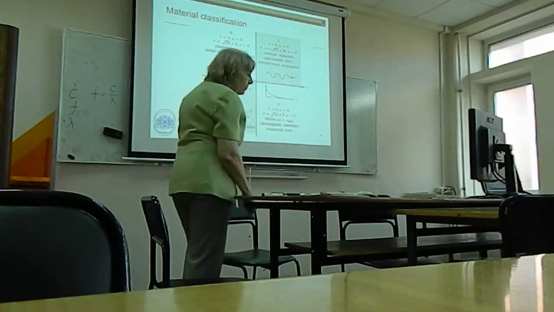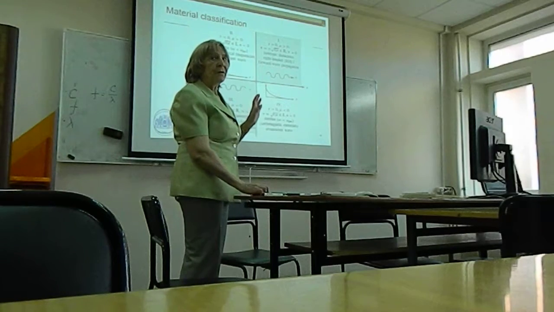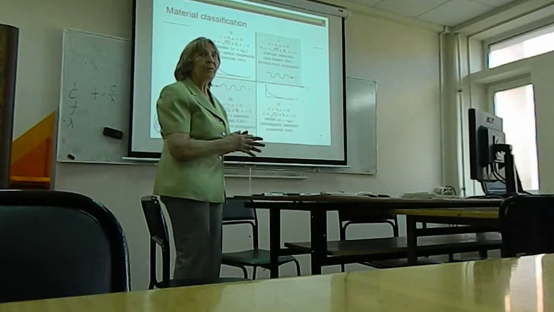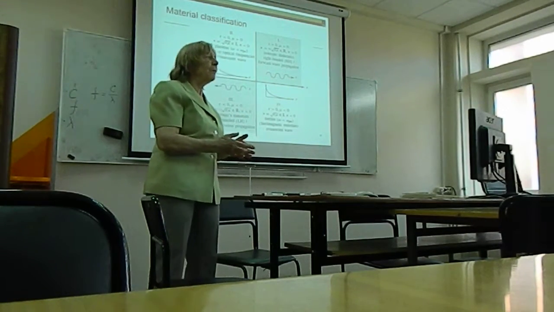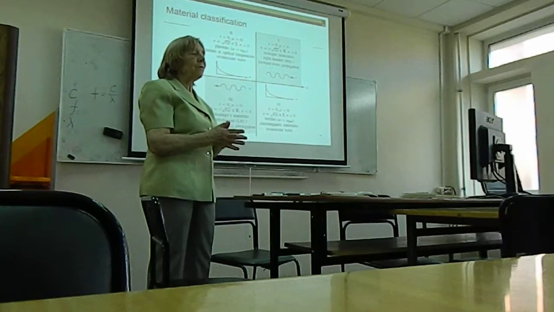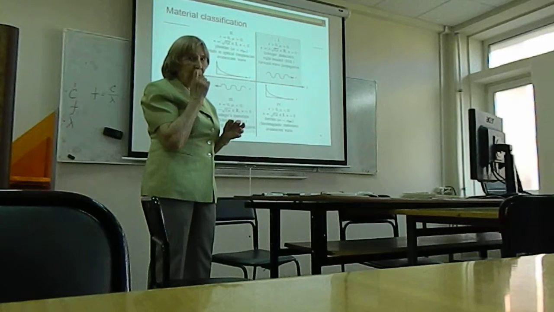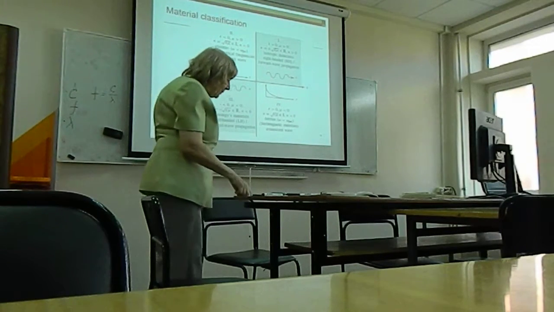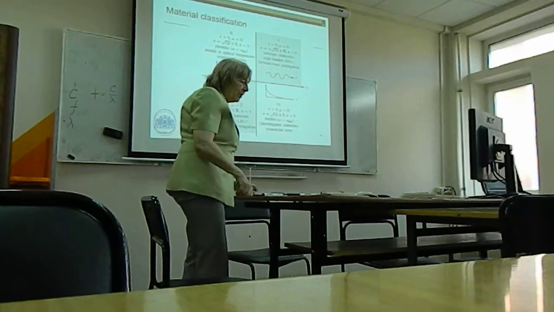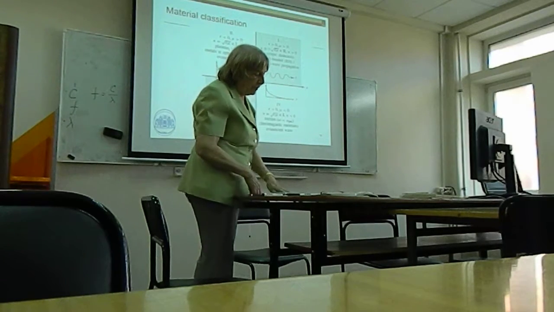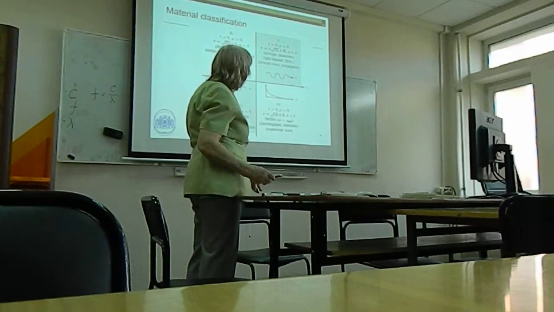And now, it is very important: material classification from the point of view of existing metamaterials, negative or left-handed material. I will use this board. Left-handed material, or metamaterial. What do we have here?